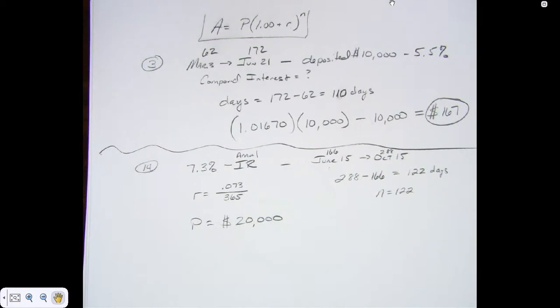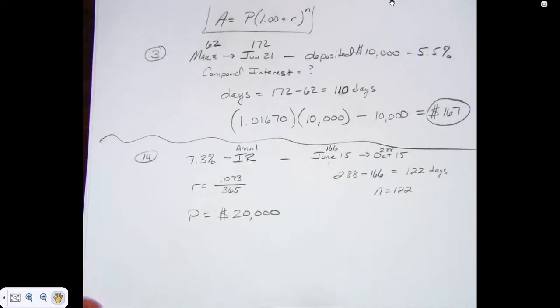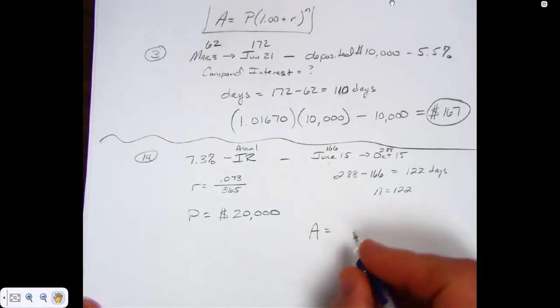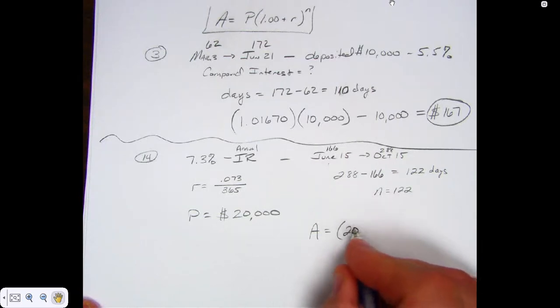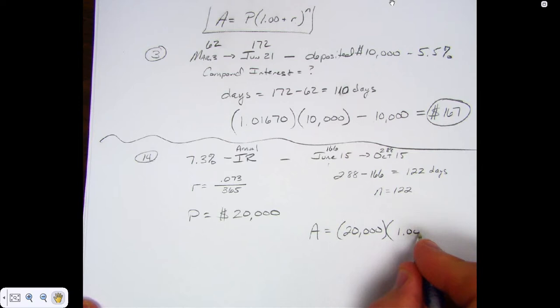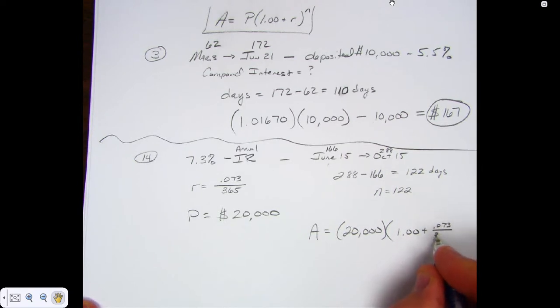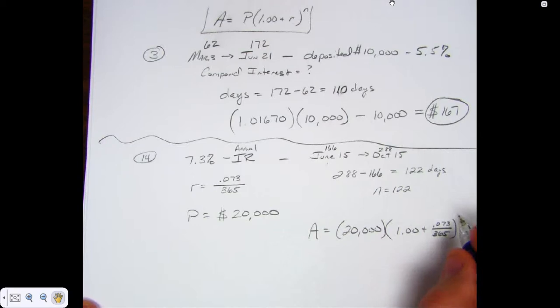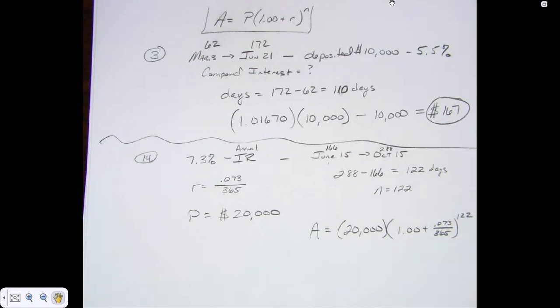Yes. So I need to put all of that into this formula. A is equal to my principal, $20,000, times 1.00 plus my interest rate, 0.073 divided by 365, all of that to the 122nd power. Now, as we talked about before, that's kind of a tough equation. We're going to have an even tougher one tomorrow.